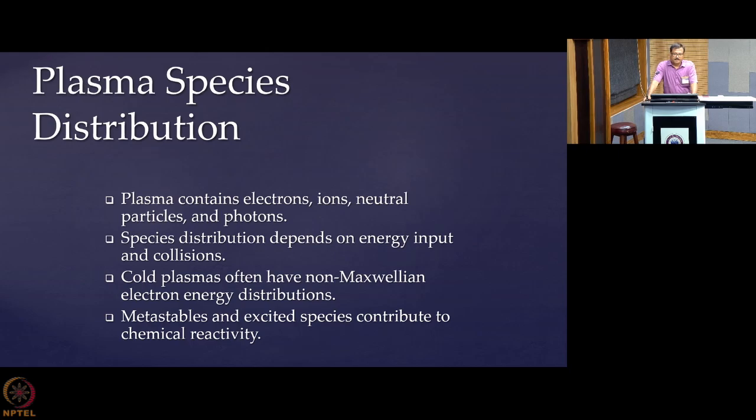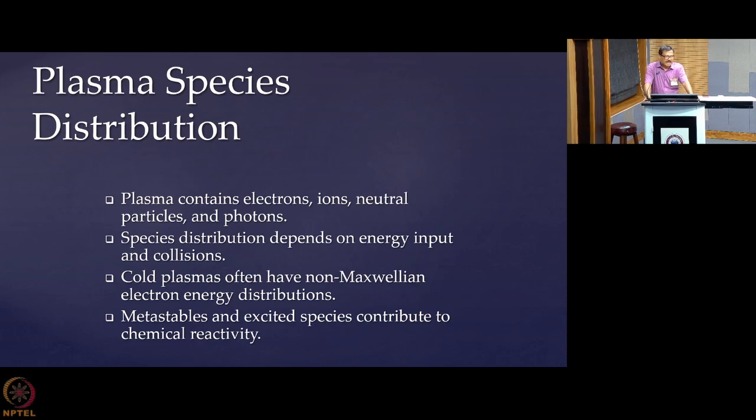So depending on pressure and the kind of energy input, your species distribution will be fixed. Cold plasmas often exhibit a non-Maxwellian kind of distribution, but thermal plasma you can very well describe using Maxwellian distribution.